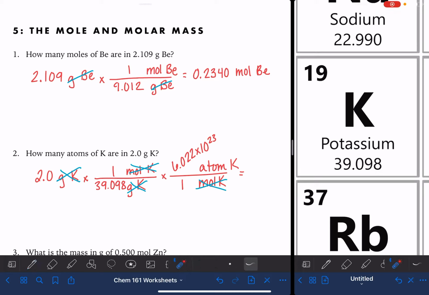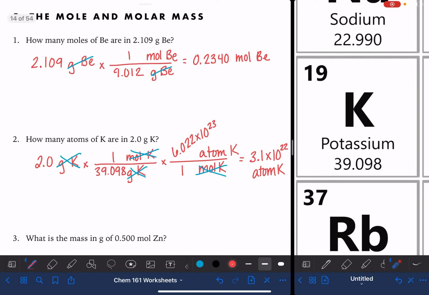And again, this is the step you're going to have to take every time. So when you're starting with units of grams, your only option is to convert into units of moles, and then you can convert from moles to atoms. The math here is going to be 2 divided by 39.098 times 6.022 times 10 to the 23rd. And I am getting 3.1 times 10 to the 22. My units are atoms of potassium.